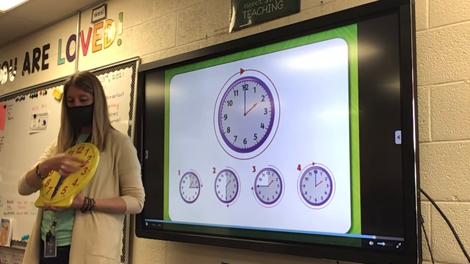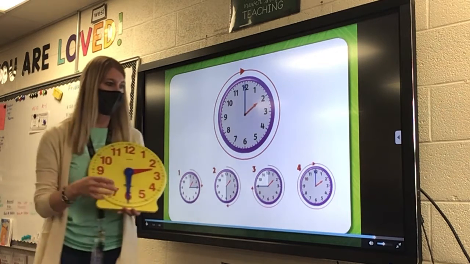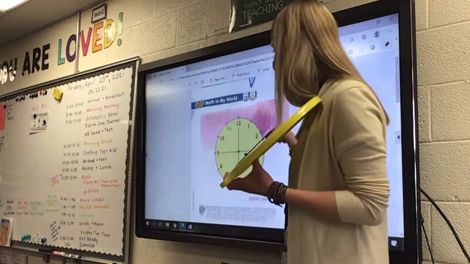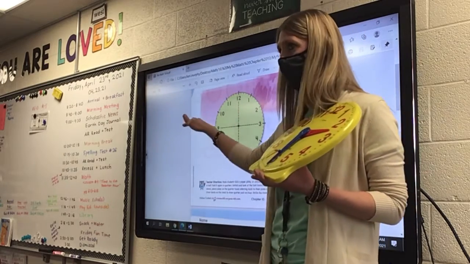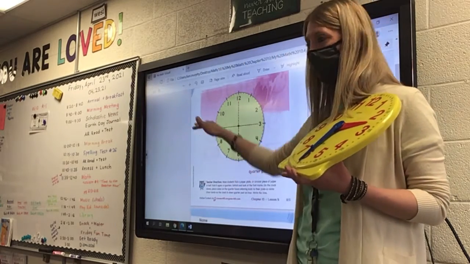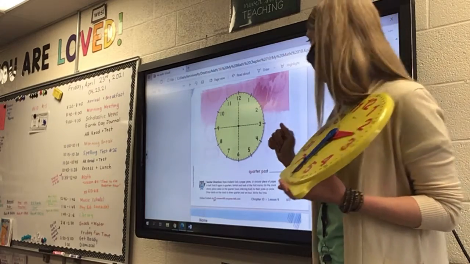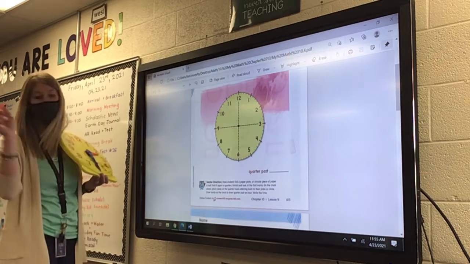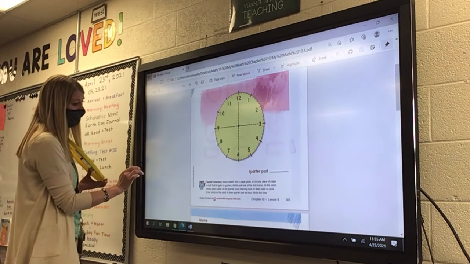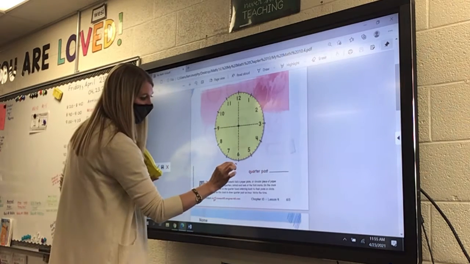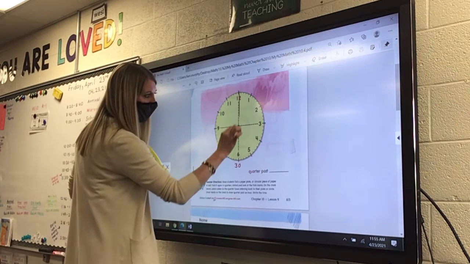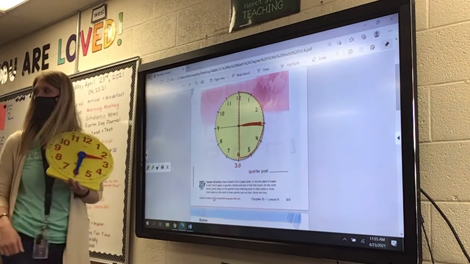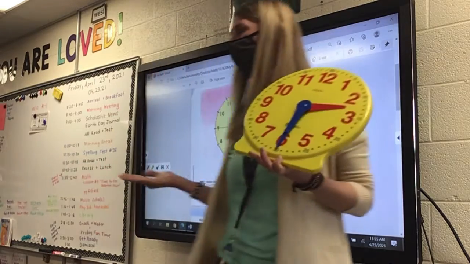If I have 1/4 of the clock, and let me show you up here, because our worksheet today has it perfect. See the clock? It's broken into 4 pieces. I have the 6 down here. I know that's 30. But now, I have to think. If I break this half in half, right there, what is half of 30?